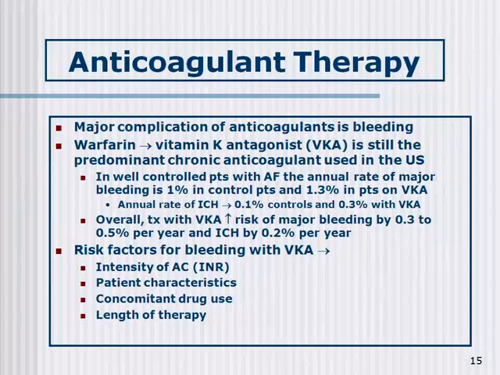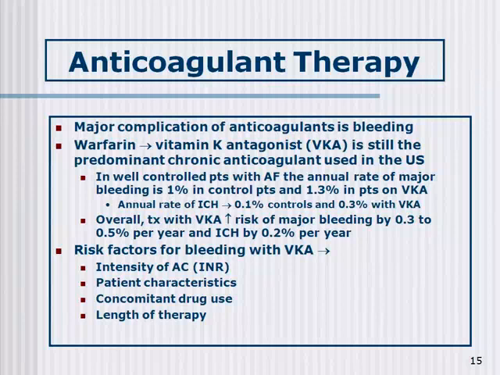And the risk factors, and these are the things that we can do as healthcare providers to make sure that our patients don't bleed. One is the intensity of anticoagulation, and with warfarin, it's the calculated value of the INR. The test that's done to measure the INR is the prothrombin time. I prefer to use the prothrombin time when we first start warfarin.